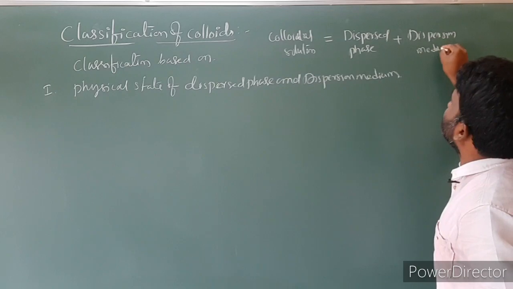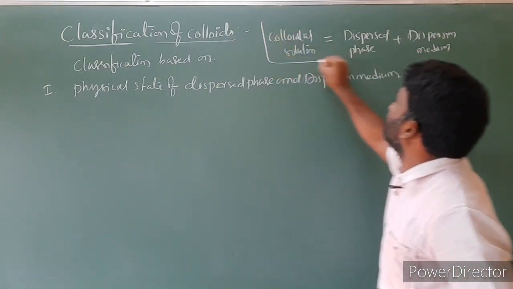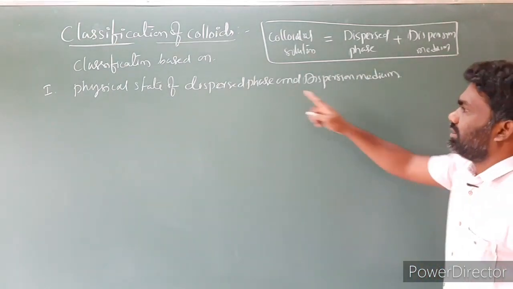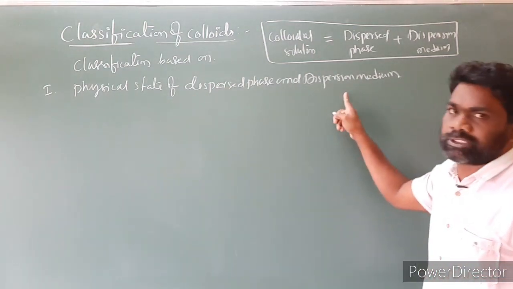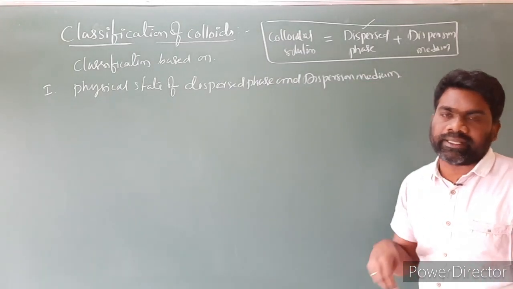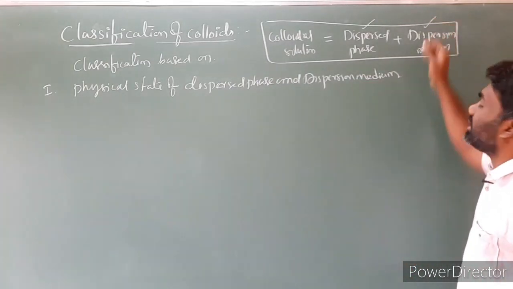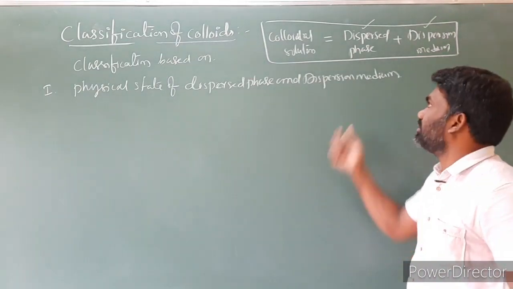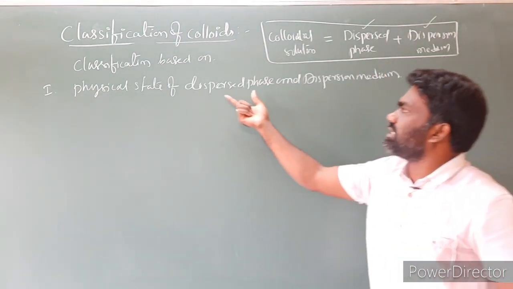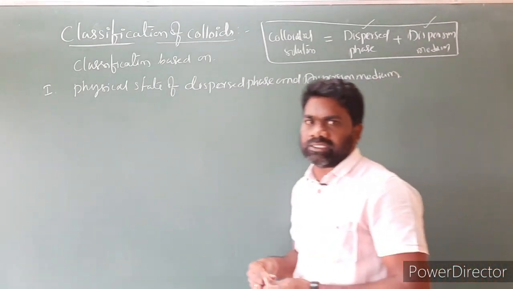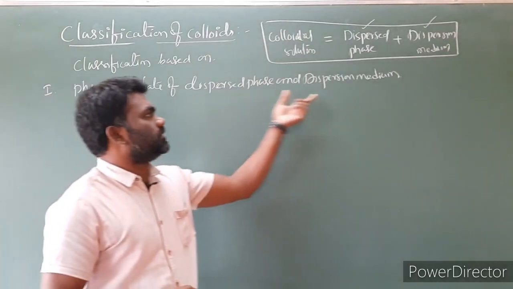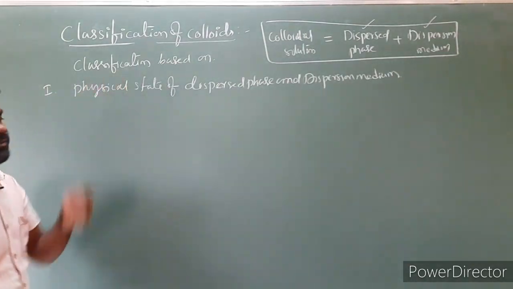Then the physical state of dispersed phase and dispersion medium: that means the dispersed phase may be a solid, liquid or gas. A dispersion medium may be a solid, liquid or gas. So based on the physical state of dispersed phase and dispersion medium, we classify the colloids.